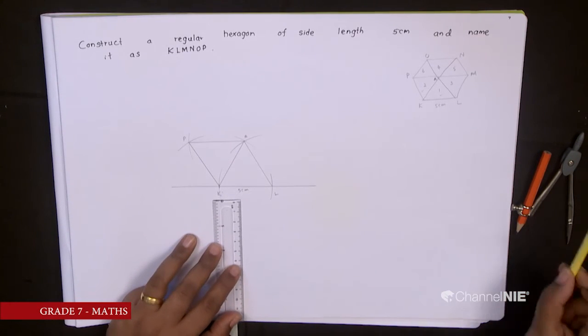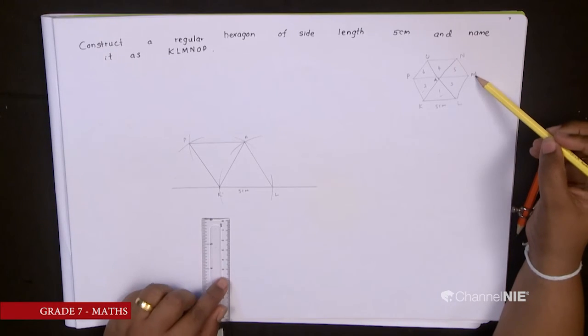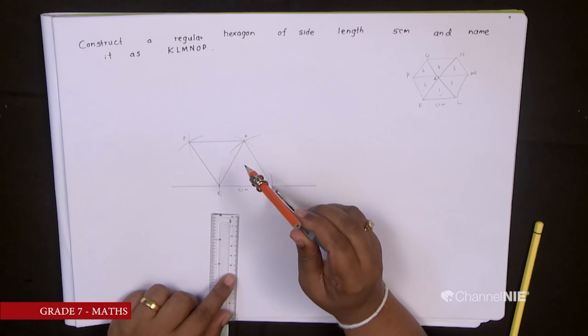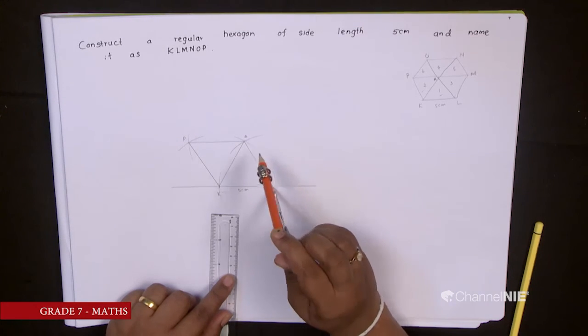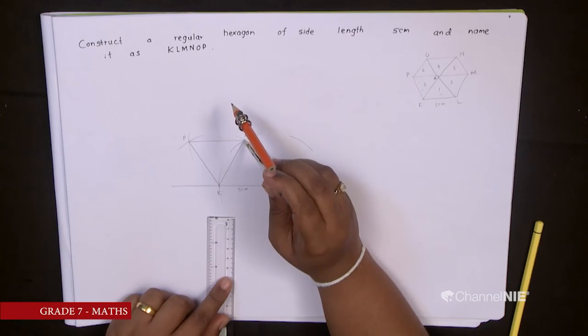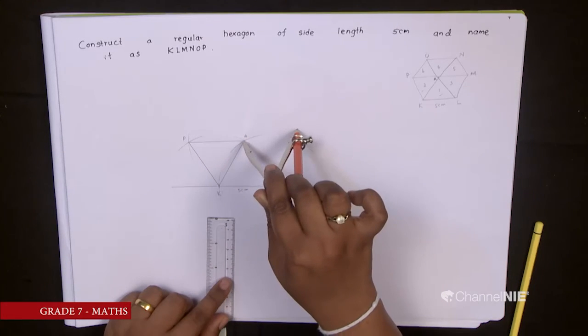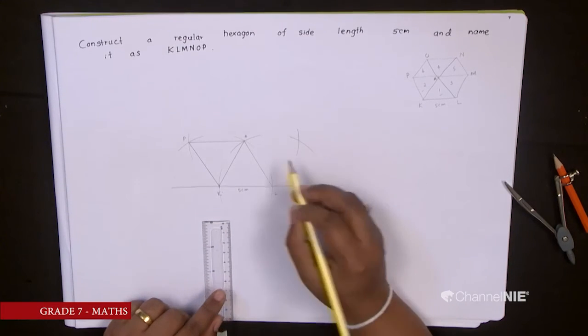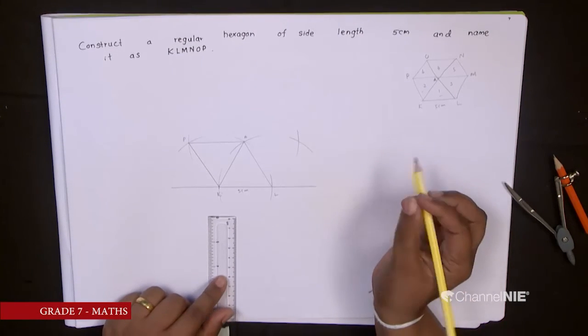Right. Now we need to construct the point M. Therefore, without changing the gap, I am going to place my pair of compasses on L, draw an arc, then place the pair of compasses on A, draw an arc. Now we have completely found the vertices of the third triangle.